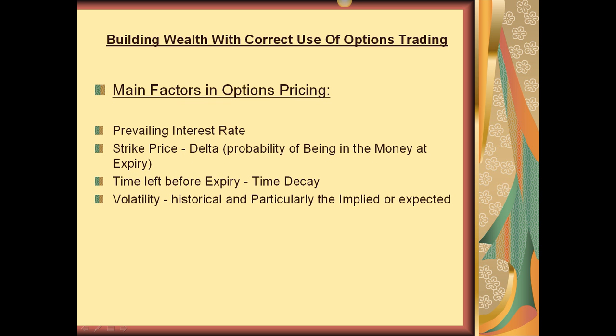How are they priced? The main factor in pricing is the prevailing interest rate, because it is deemed that if you were to invest your cash balance in a bank account, then at least your capital is guaranteed. Although we understand that due to inflation, the buying power would be reduced.